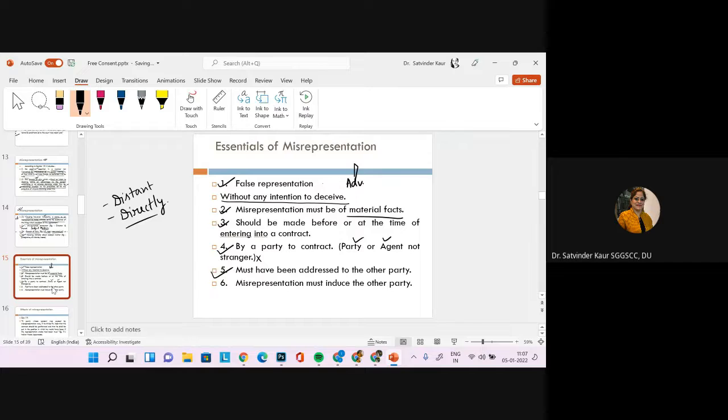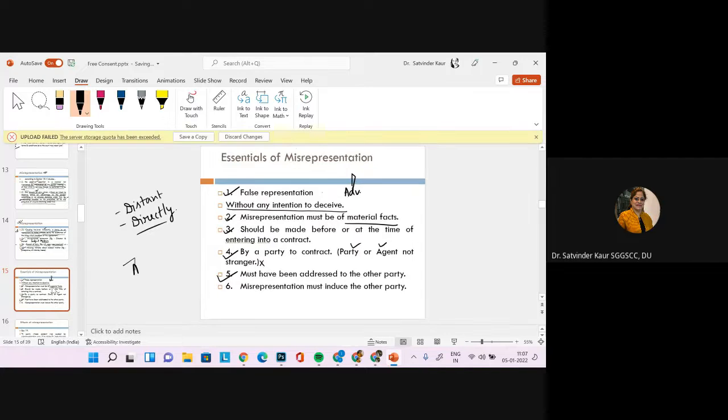Misrepresentation must have been addressed to the other party when two parties are entering into the contract. So they must have access to the information. So if the information is given to someone else, A is saying to C that probably Mr. A will join as a director of the company, but you keep this information confidential, and then C is telling it to B, so in both ways, it will not affect the consent of B. So if B has entered into the contract on the words of C, or A has shared it with C, it will not give the right to B to set aside the contract.